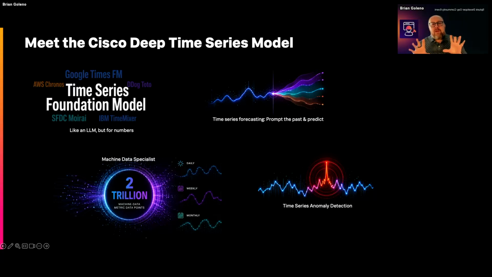This gives us the primary capability of a time series foundation model, which is forecasting. Look at the past, a lot of the past, in order to predict a shorter amount of the future.